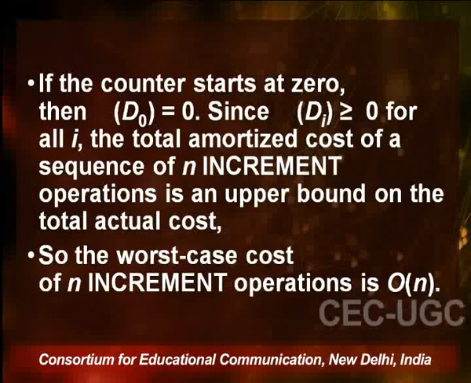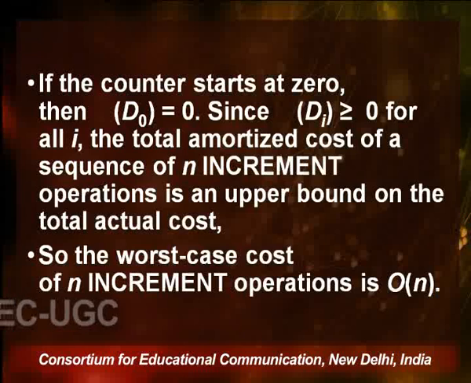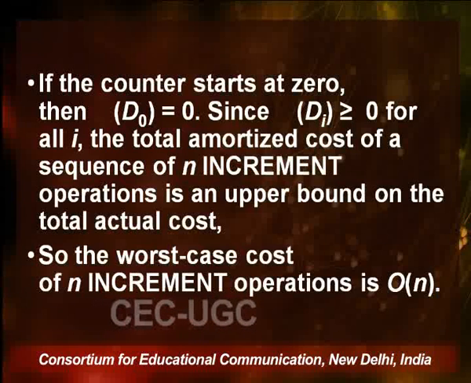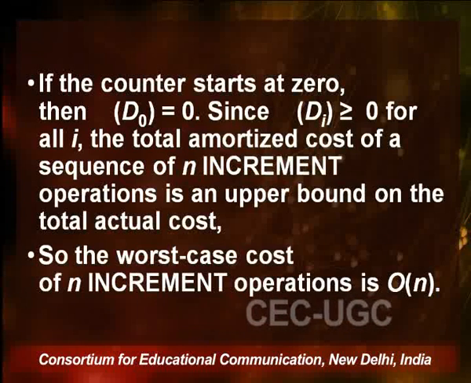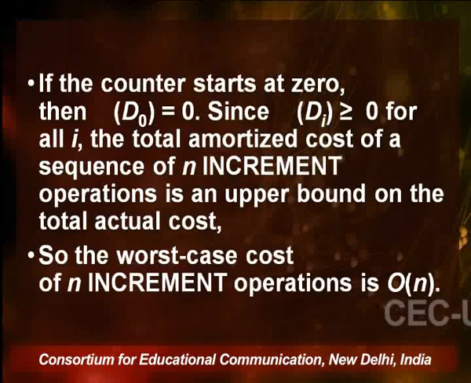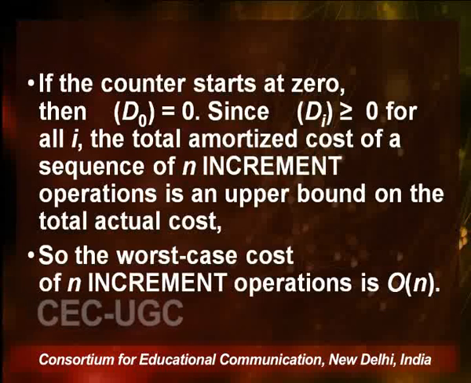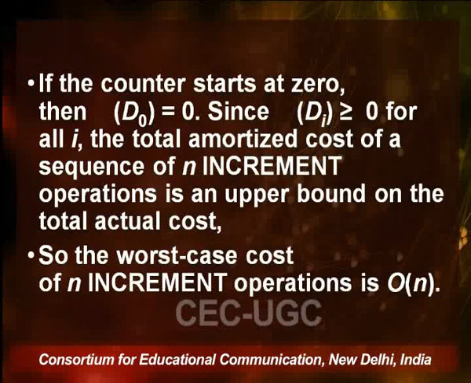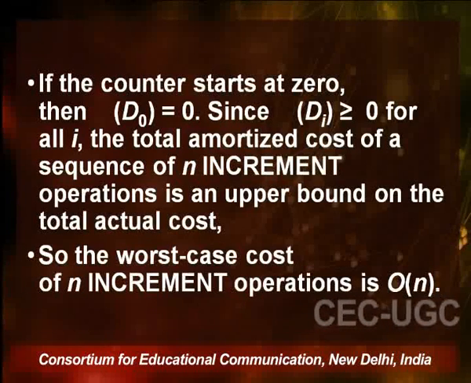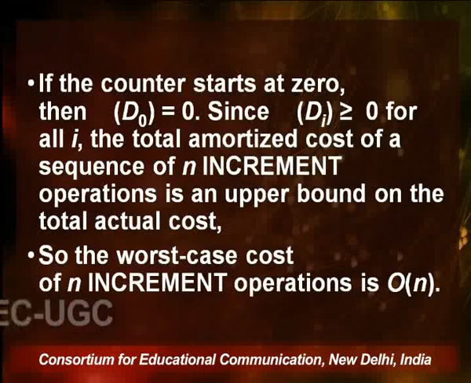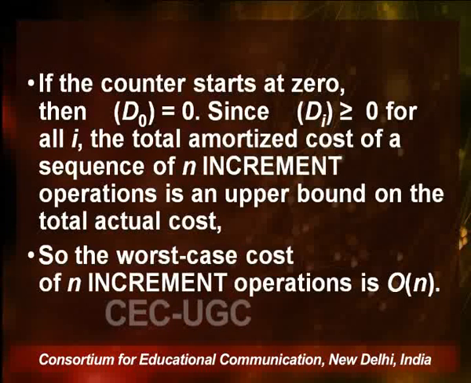Generally, without loss of generality, we can say D of i is greater than or equal to 0 for all i. So, what does it mean? This essentially denotes that the total amortized cost of a sequence of n increment operations is an upper bound on the total actual cost, and so the worst cost of n increment operations is order n.